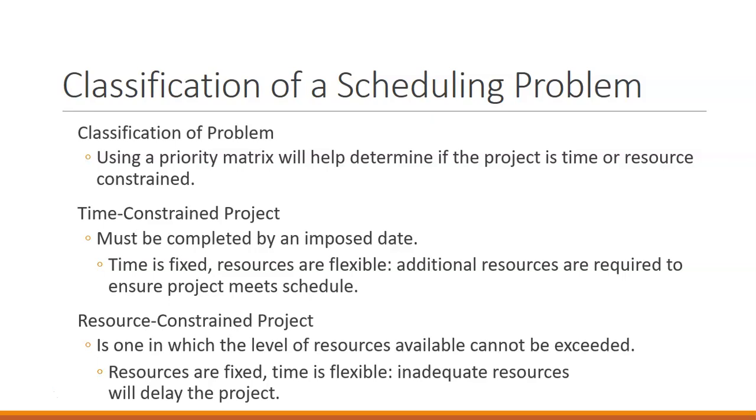Additional resources might be required to ensure that the project meets the schedule, but we're able to pull in those additional resources. If we have a resource-constrained project, that means at some point the resources available to us to complete that project cannot be exceeded. Our resources are fixed. We have inadequate resources that can cause a delay in the project, but time is flexible.